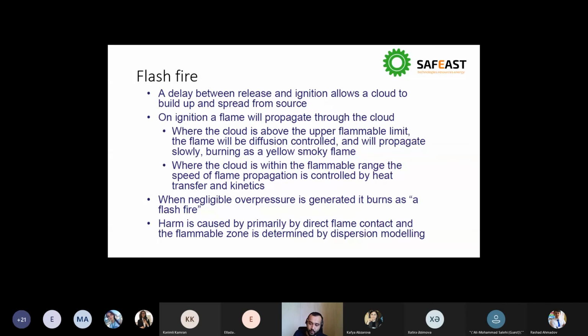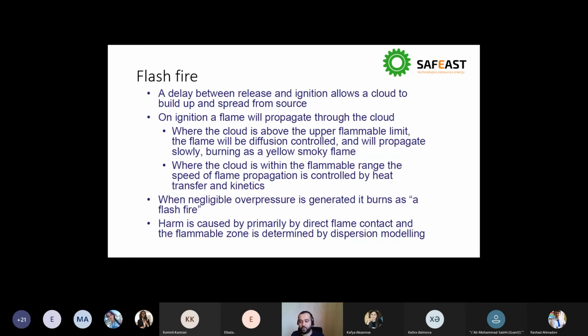For flash fire, if you Google it or find videos on YouTube, you will see that the harm is caused by direct flame contact. If you are within this cloud, most probably you will be dead.